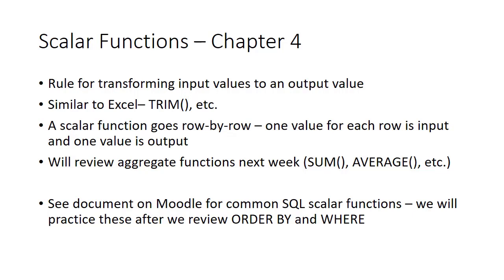We will review aggregate functions next week. Aggregate functions are functions like sum and average, where you would have multiple values as input and a single value as an output. But for now, scalar functions, row by row, one value in, one value out.